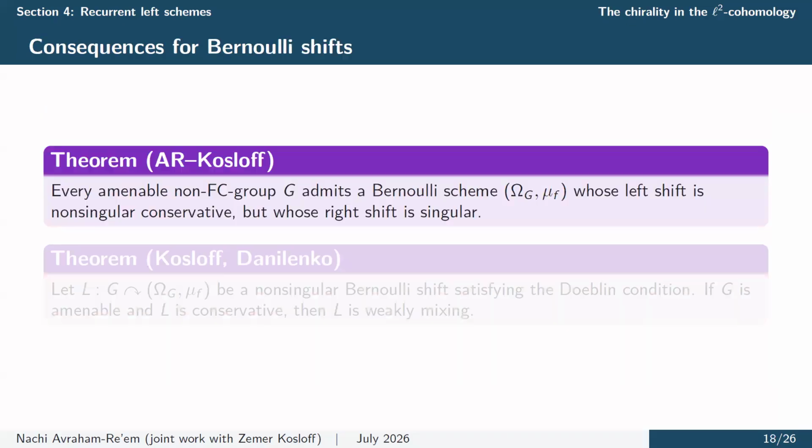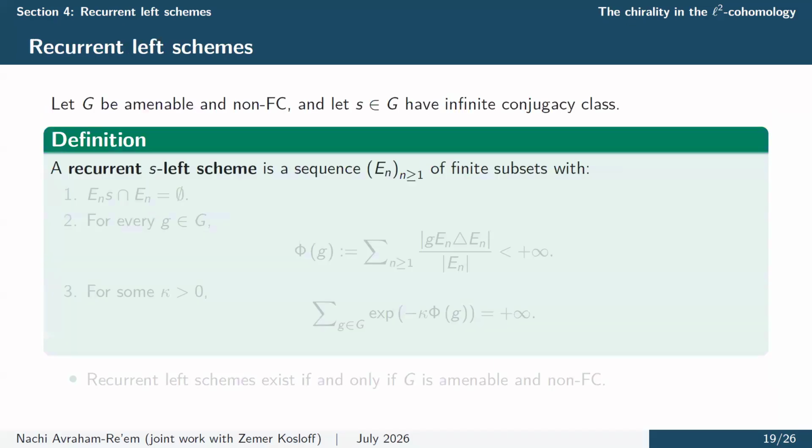So let me now put it more precisely. I want to refine the notion of left scheme by incorporating this recurrence condition. Suppose we have an amenable group G, and suppose it is not FC: not every element has a finite conjugacy class. We fix such an element S, and I want to define the notion of a recurrent S left scheme.